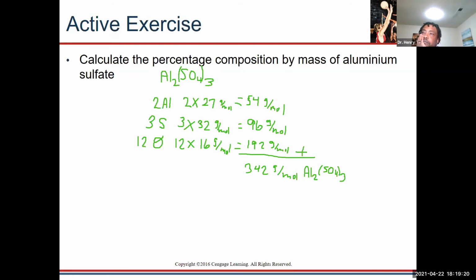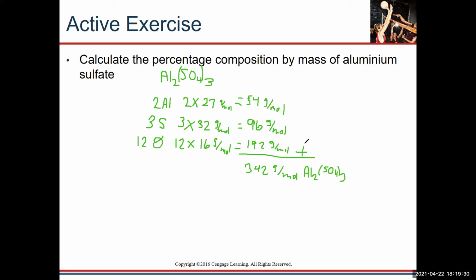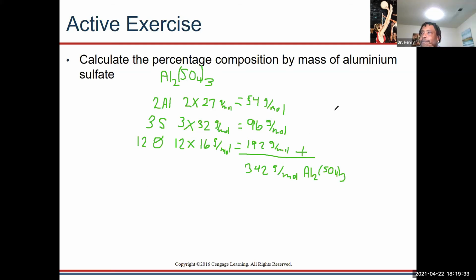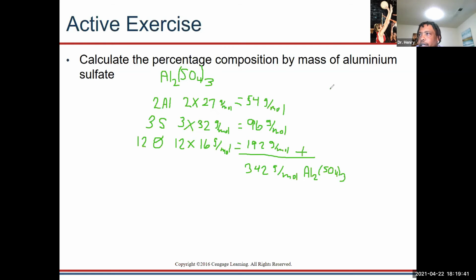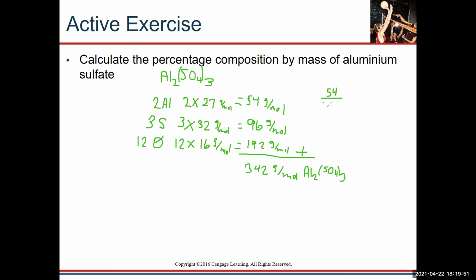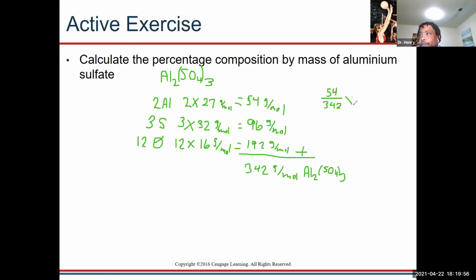You take the mass of each and divide it by the total, and then multiply it by 100. So we'll start with aluminum. The total mass of aluminum is 54 grams per mole. We're going to divide it by 342, times 100.